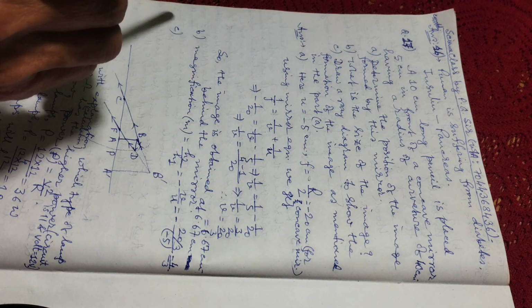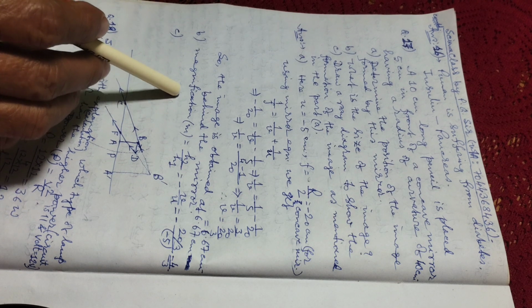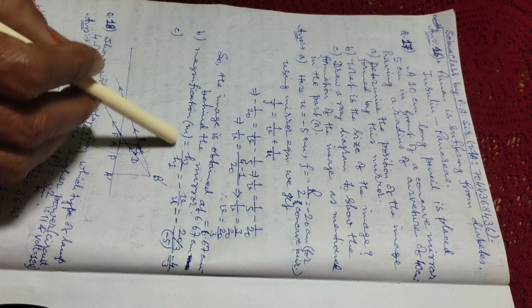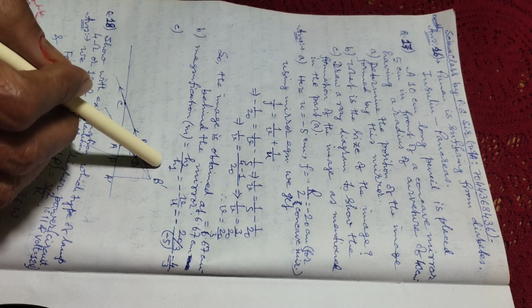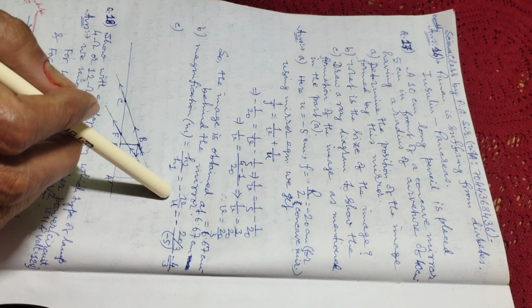Second part was, what is the size of the image? That means you have to calculate the magnification of the image. You know the formula, magnification m is denoted by h2 by h1 equal to minus v by u. This is the relation.